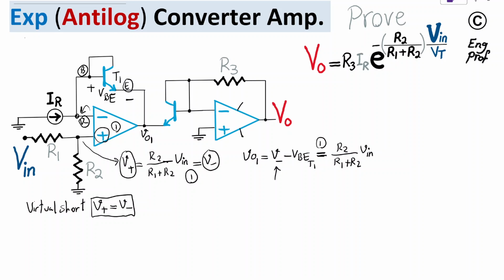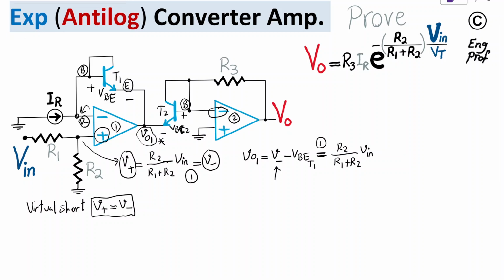Okay, and what do we have here? So this is Vout1, and at the same time we can see that because of transistor T2, assuming the circuit is operating properly so that both transistors T1 and T2 are active, we are increasing from VO1 by a plus minus VBE2 to get to the base of transistor T2, or basically the negative input terminal of op-amp 2, which is also operating in linear region of operation.